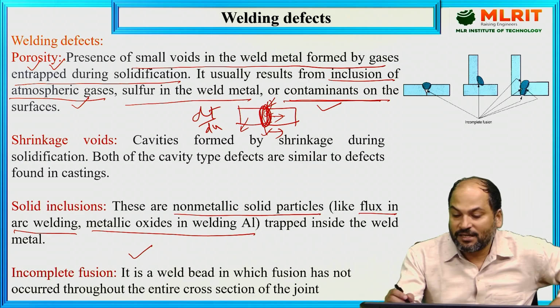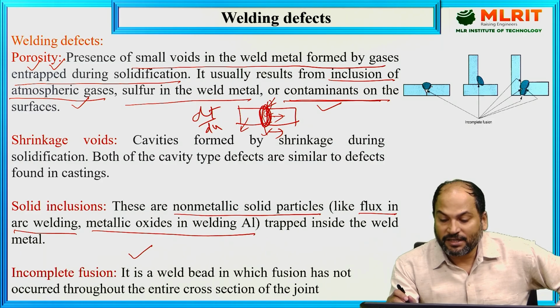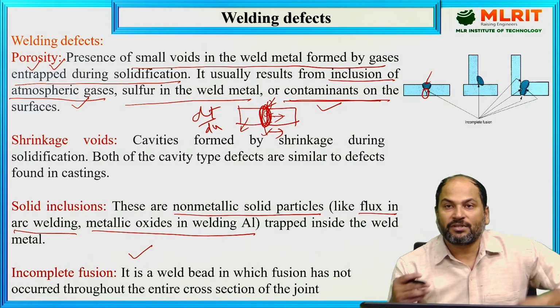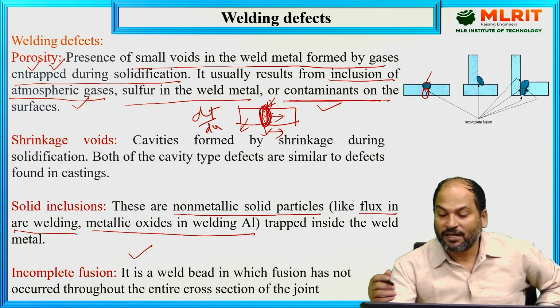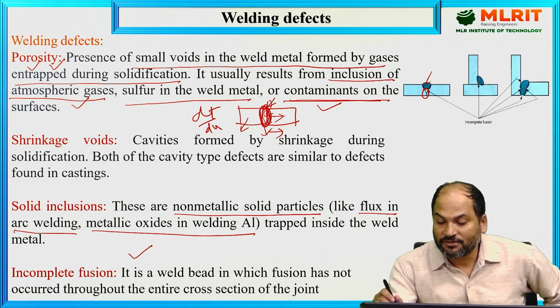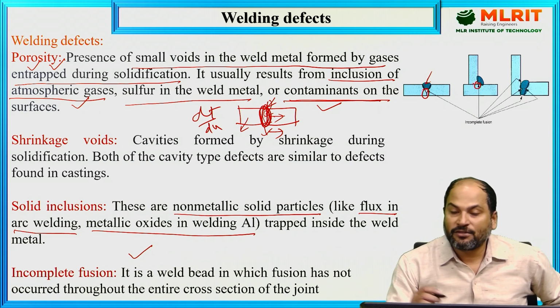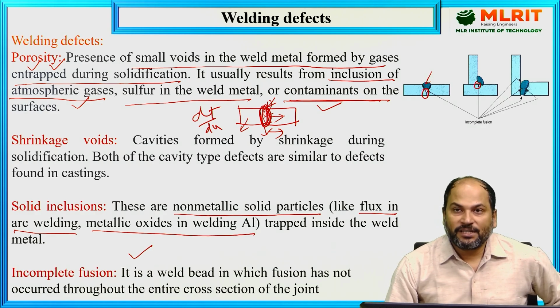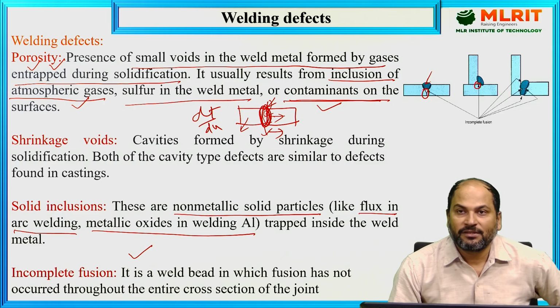So we can see here if we are doing butt welding, we are doing welding, but this section has not been fused together. Means heat was not sufficient to melt this area so that there is no welding in this part. Similarly, if T shapes are there, at the corner you can see here also there is incomplete fusion. Means whatever heat we provided to fuse it was not sufficient.